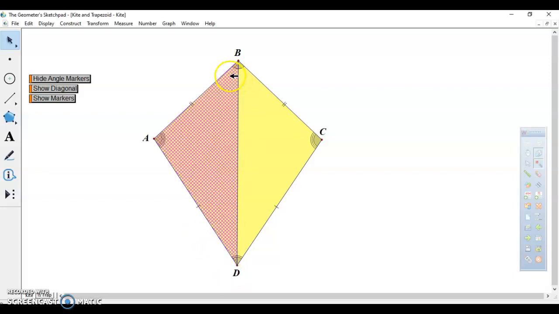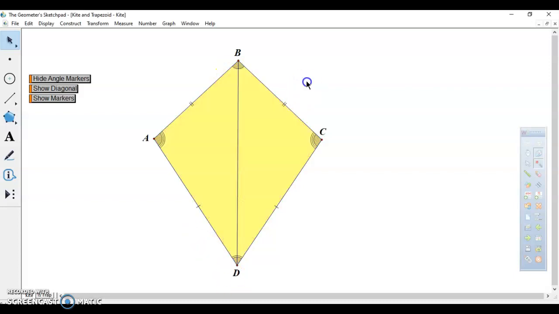So this little half over here will be congruent to this little half over here. The same would be true on the bottom. And you'll also notice these non-vertex angles have to be exactly the same. If I fold this on top and unfold it, and angle A was 80 degrees, angle C would have to be 80 degrees.